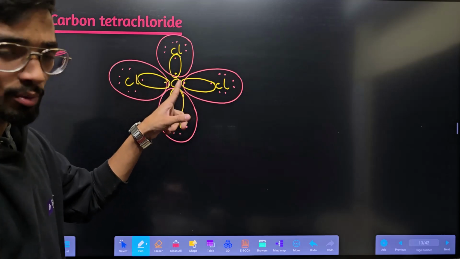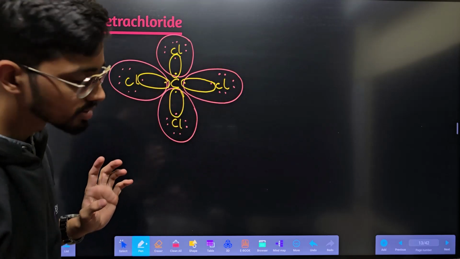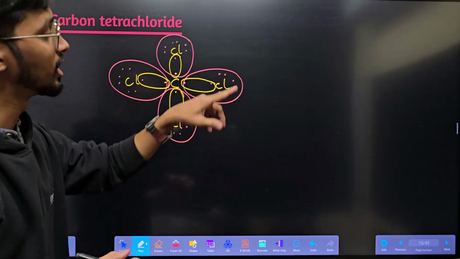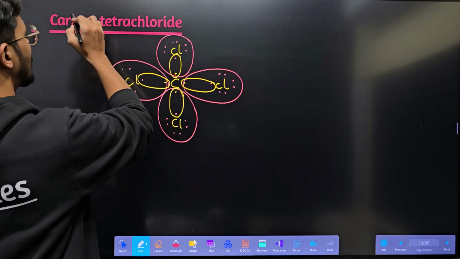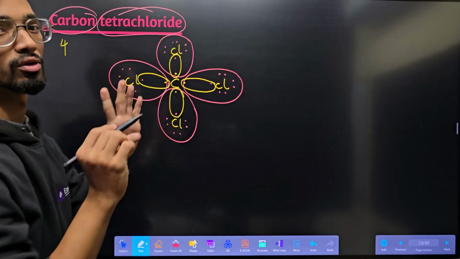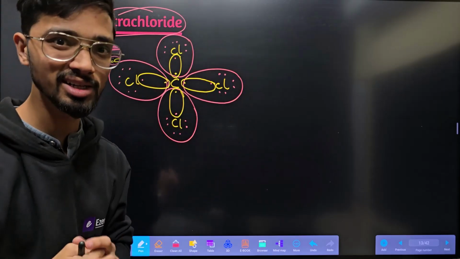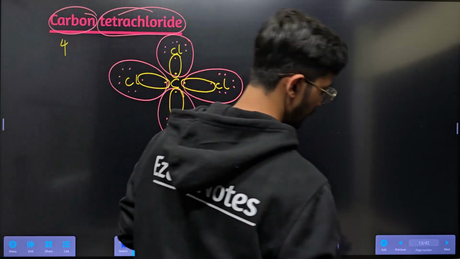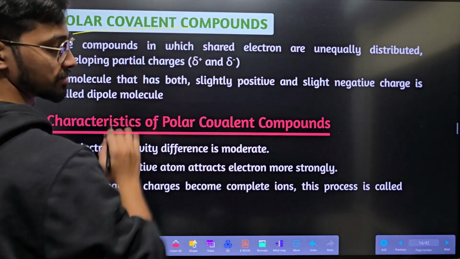Carbon will form 4 bonds with chlorine. So chlorine got 8 electrons, carbon also got 8 electrons. All the chlorines got 8 electrons, right? Because carbon has valency 4, we need how many chlorines? 4, to balance the charge, right? Okay.